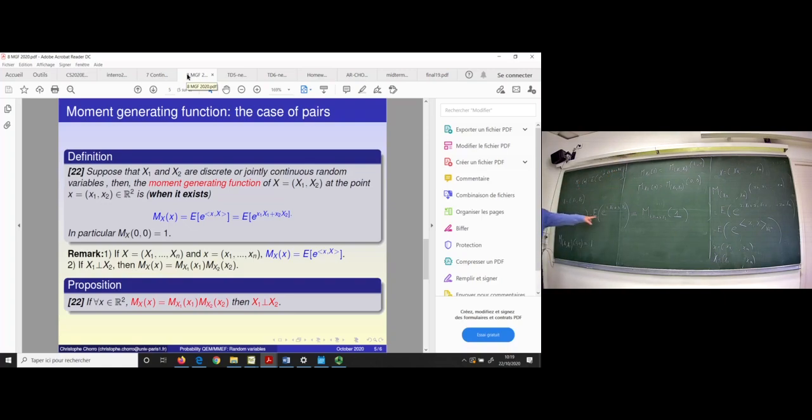If I want to obtain this one, I have to take u equal to 1. That's why I have this. So in fact, what you see here is that the moment generating function of a pair is related to the value at 1 of the moment generating function of any linear combination of the components of the vector. Any linear combination.